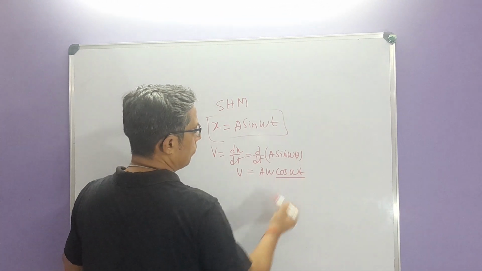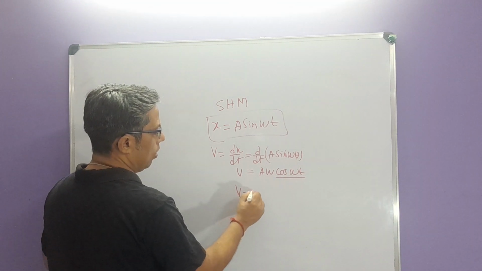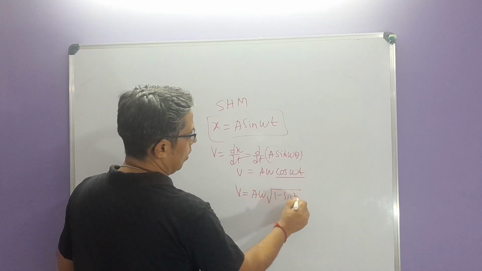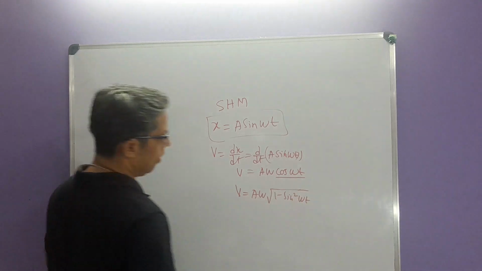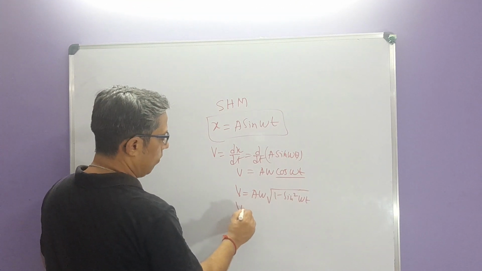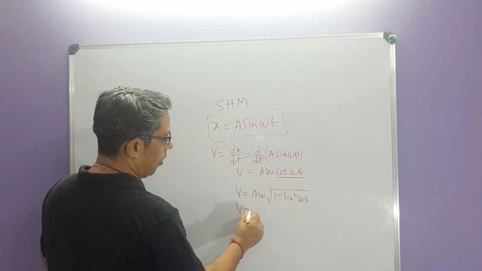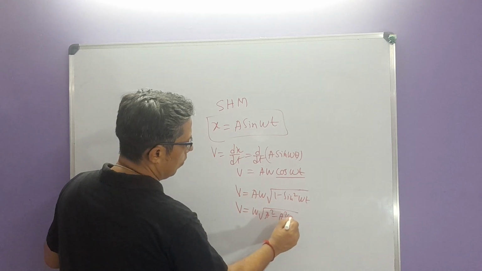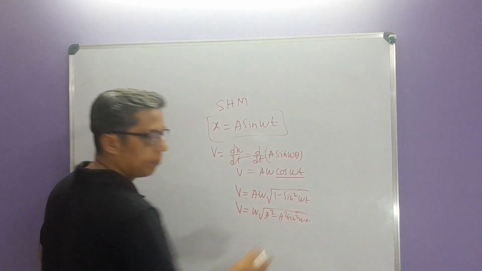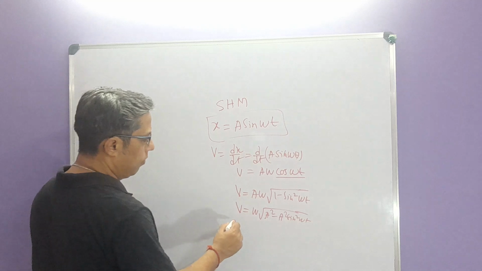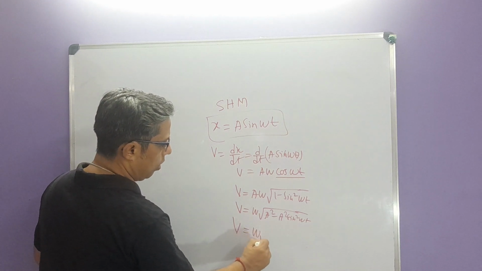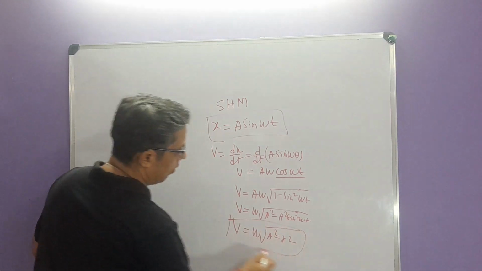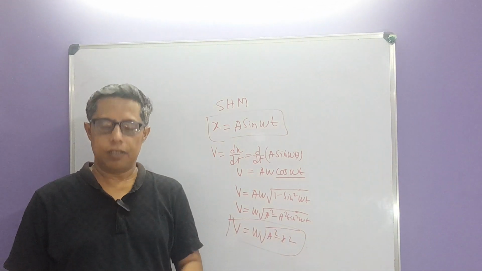Cos omega t you can write as the square root of 1 minus sine square omega t. So here we get v is equal to omega times the square root of a square minus a square sine square omega t. I hope you can see that v is equal to omega times the square root of a square minus x square. This is the velocity expression.